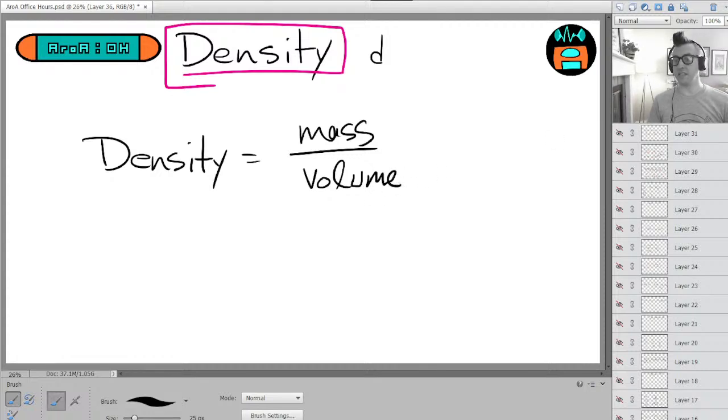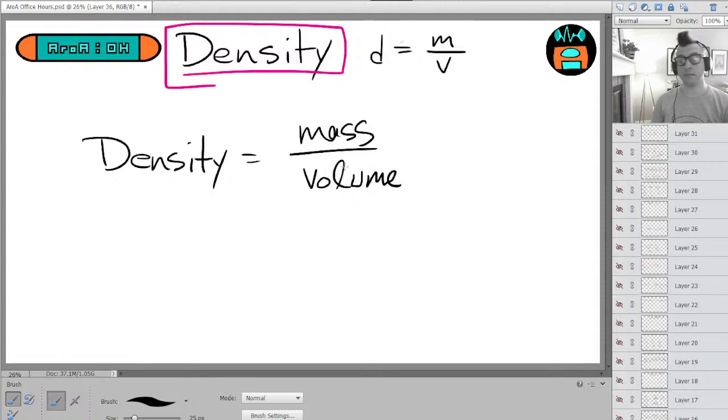The symbols used: density is a lowercase d, mass is a lowercase m, and volume is a v. So density is equal to mass over volume.